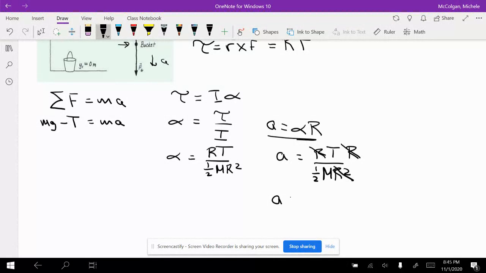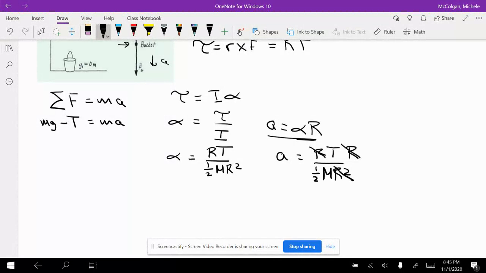Actually, we want to solve for T in this case, because we'd like to keep our a. We need the acceleration in order to use the kinematic equations to find delta y and then time. So we're going to write T in terms of a.